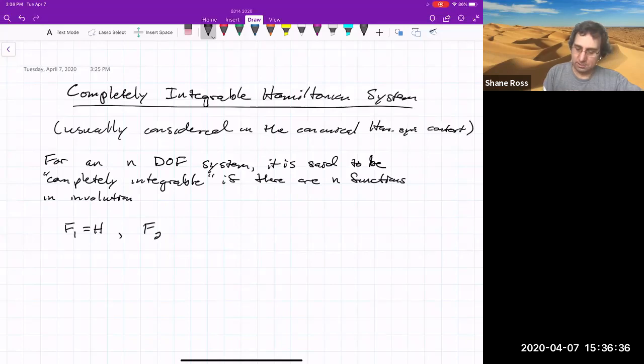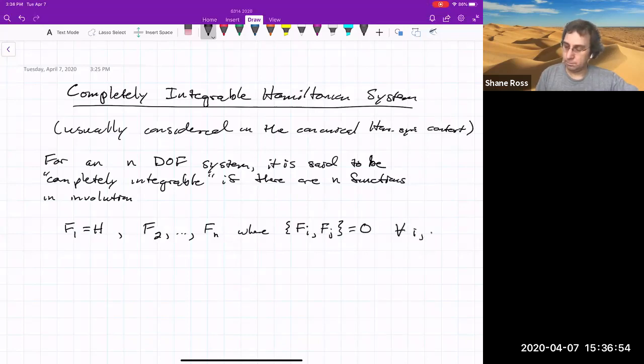But there's n-1 additional other functions where the Poisson bracket between any two of them is 0. And by a similar reasoning to what we ended with last time, we've got a 2n dimensional phase space.